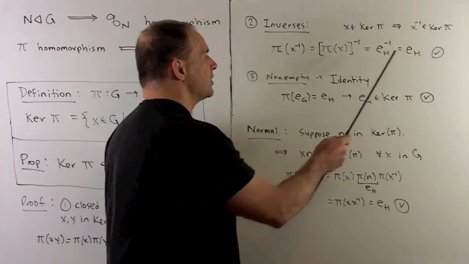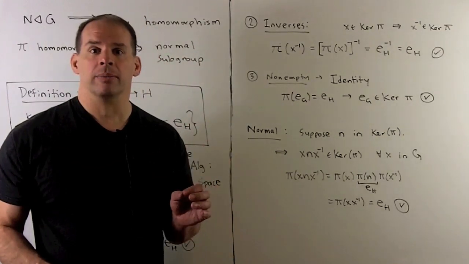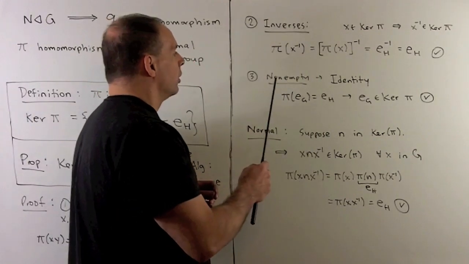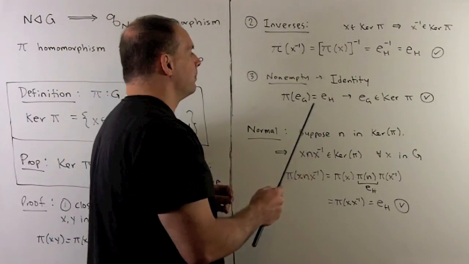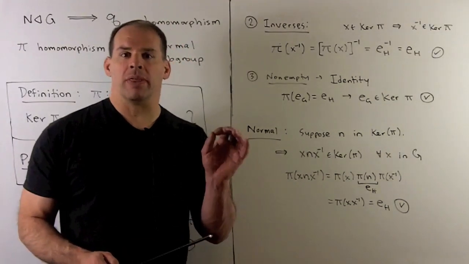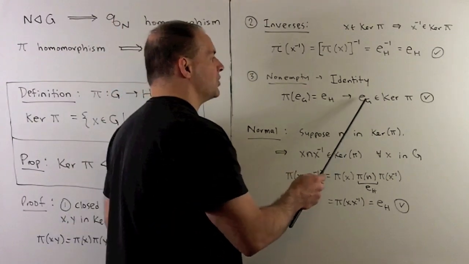So x inverse is sent to the identity in H, so it's in the kernel of pi. Finally, to see that our kernel is non-empty, I'll take the identity element for G, and by 1 on the previous board, we know that that goes to the identity for H. So the identity for G is in the kernel.